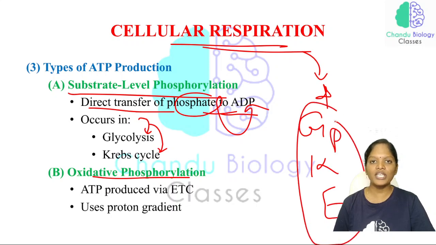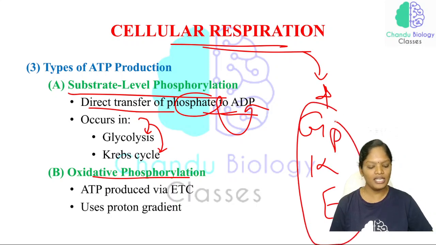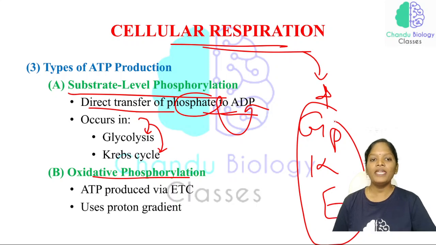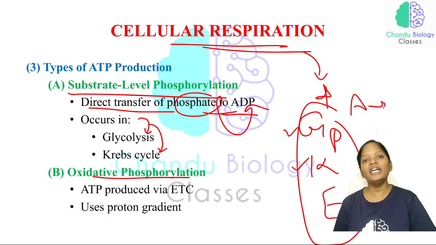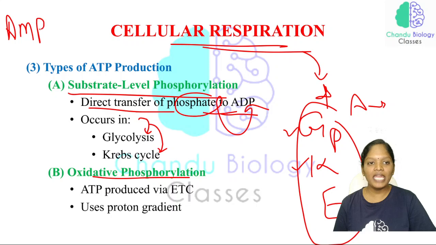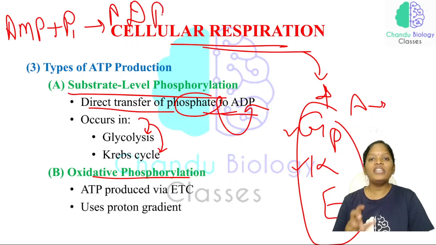All these four stages together we call cellular respiration. Substrate level phosphorylation takes place in glycolysis and the Krebs cycle. Here the phosphate group is directly transferred to AMP, adenosine monophosphate. While accepting one phosphate group, it converts into adenosine diphosphate. So this is direct transfer of the phosphate group.